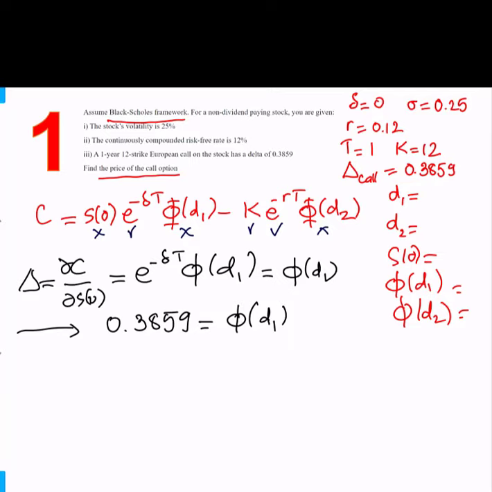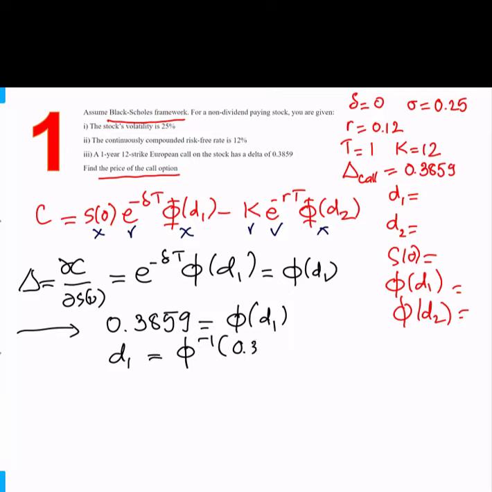But of course for IFM you don't have technology or a high quality calculator. The only calculator you can use is the TI-30XS. So you really need to know how to use the standard normal distribution table. It's very easy to use. And if you use the table, then we get d1 here.